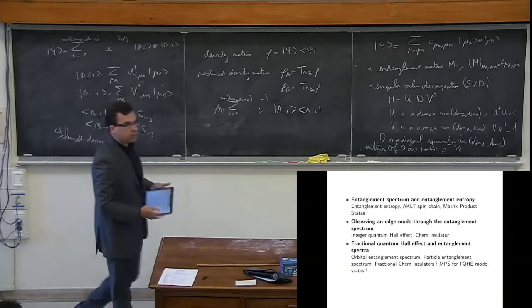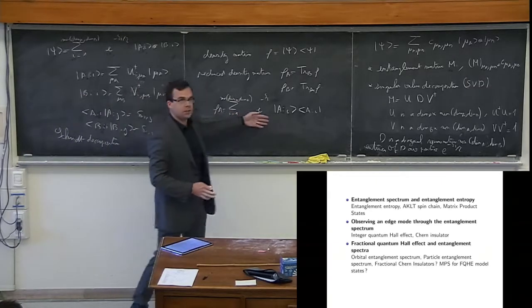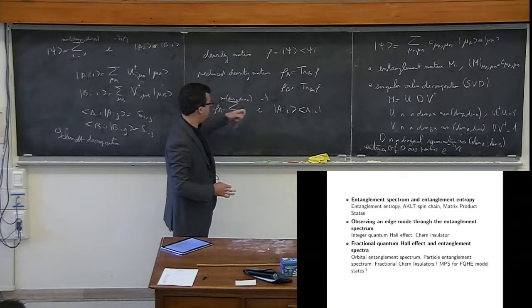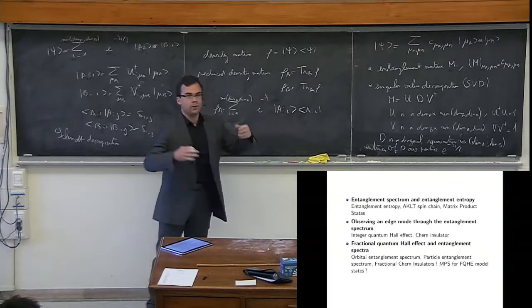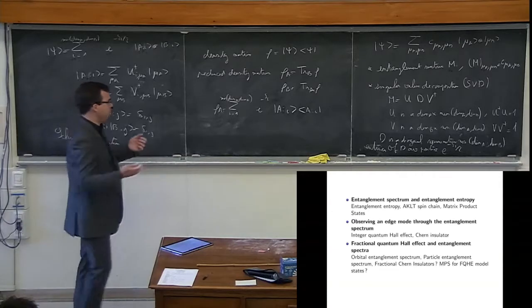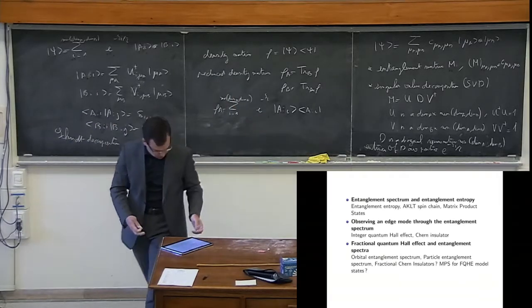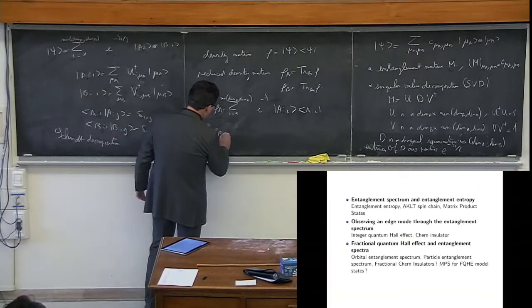So you can read out the spectrum of the reduced density matrix just by staring at this formula, right? The spectrum of rho A is just the exponential minus psi I. It's a reduced density matrix, so all the eigenvalues have to be positive, and of course, they are positive because it's just the exponential. You can also do the same exercise for rho B.